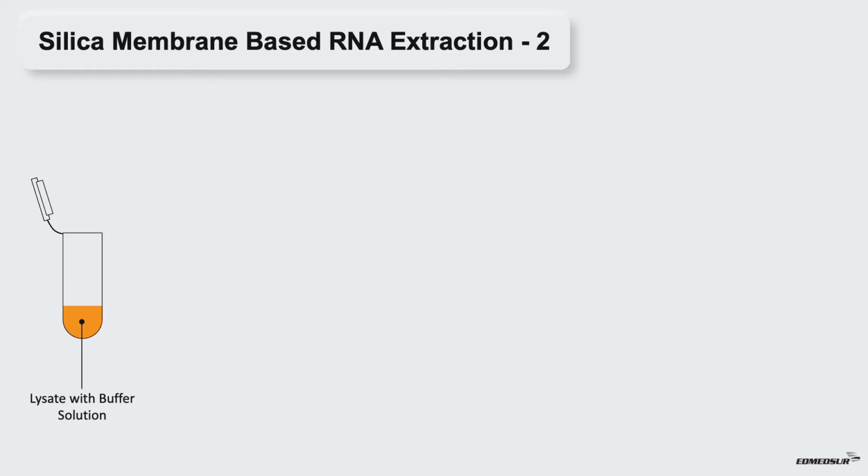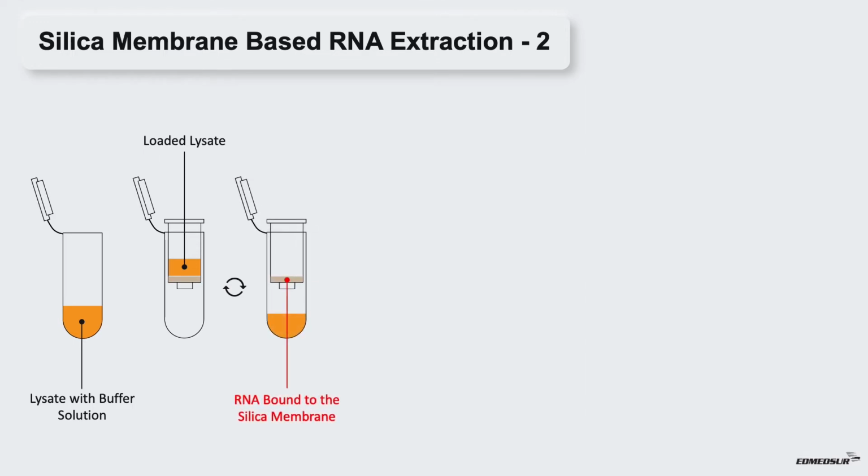The resulting solution is then loaded into a spin column, and the column is put in a centrifuge. The centrifuge forces the solution through the silica membrane that is inside the spin column, where RNA will bind to the silica membrane. Rest of the solution passes through and can be removed.